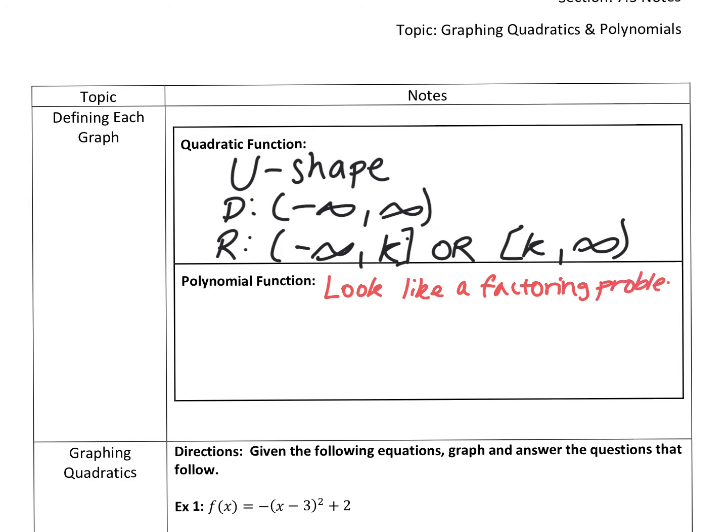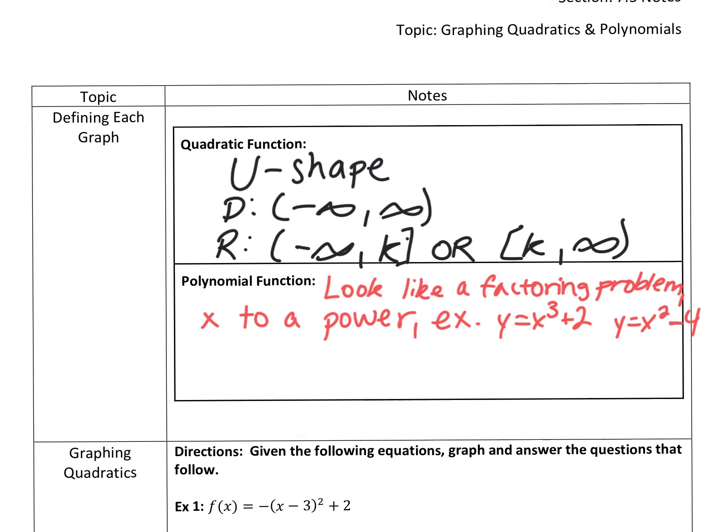It's going to have x to a power, right? So some examples of this might be y equals x to the third plus 2, or y equals x squared minus 4. Y equals x squared minus 4 is also a quadratic, right?